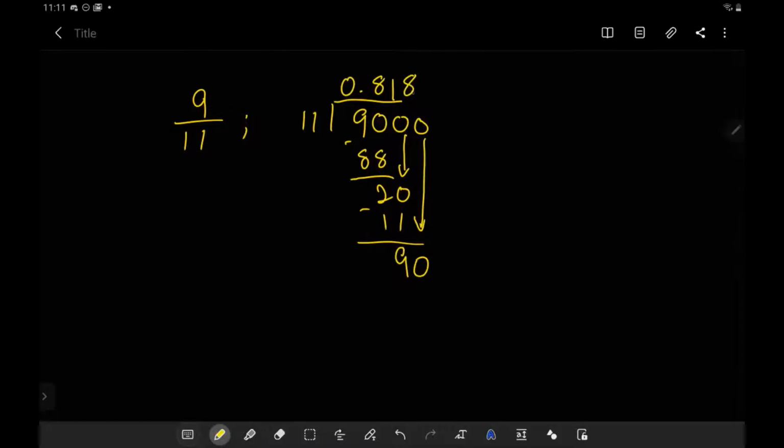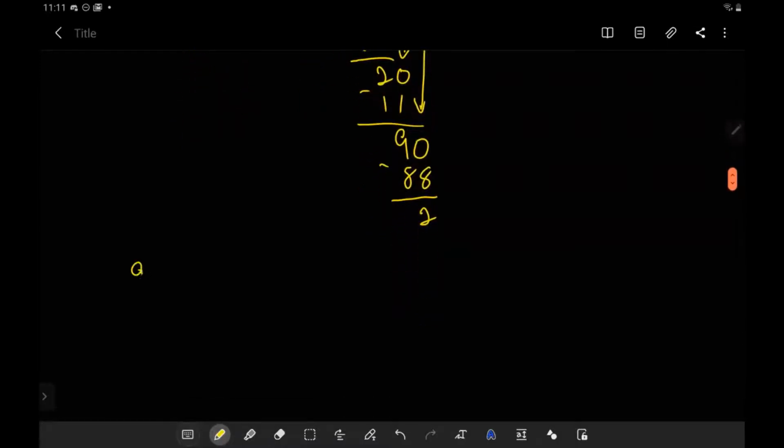Now 8 times 11 is 88, and when we subtract, we get 2. Are we seeing a pattern? Yes. We could say that 9 over 11 is actually equal to 0.818181 and so on.